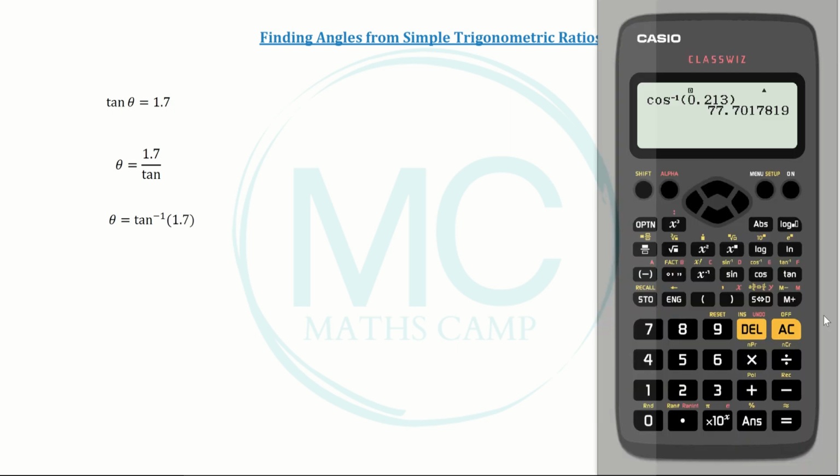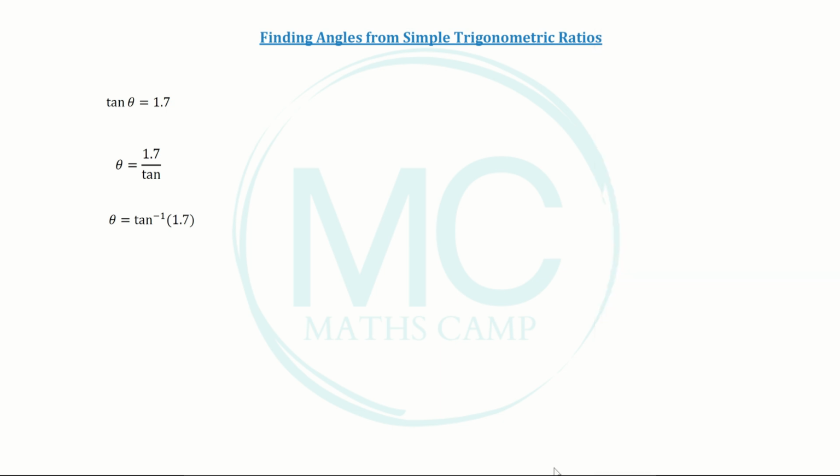Now we can open our calculator. We say shift tan multiplied by 1,7, close the bracket, is equal to 59,534, round off to 2 decimal places, and this is our value for theta.